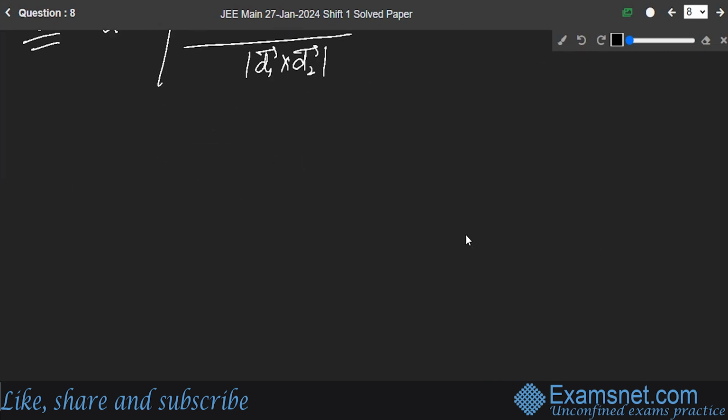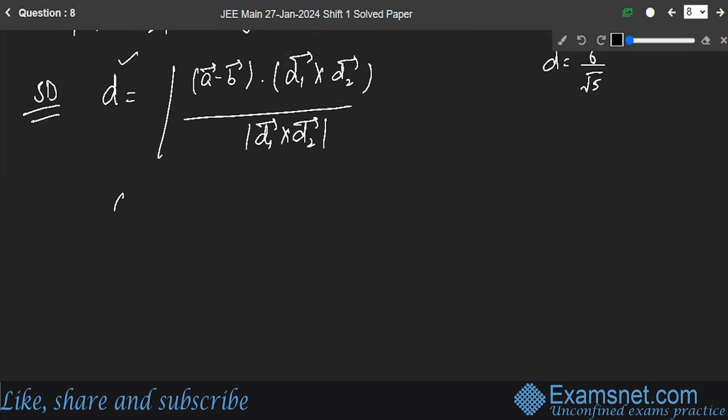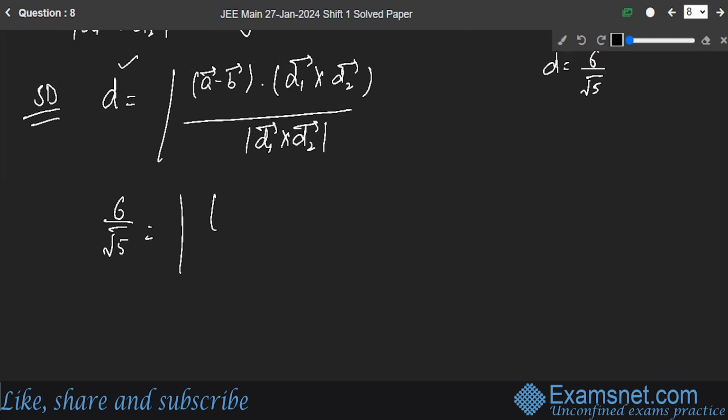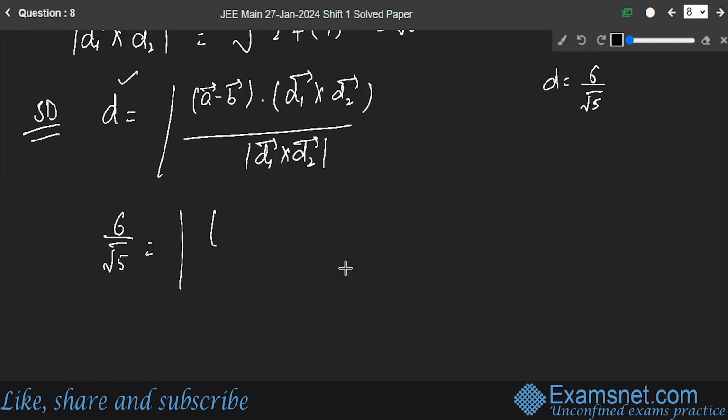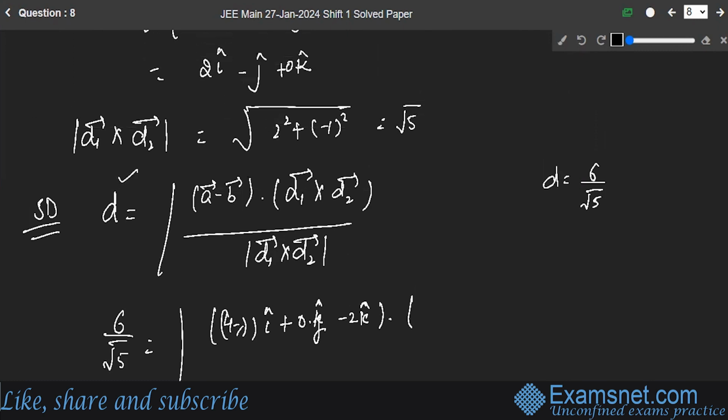So from here, you have 6 upon root 5 is equal to A minus B, which was 4 minus lambda, 0, minus 2, dot product with this, which was 2I minus J plus 0K. Whole thing divided by the magnitude, that is root 5.